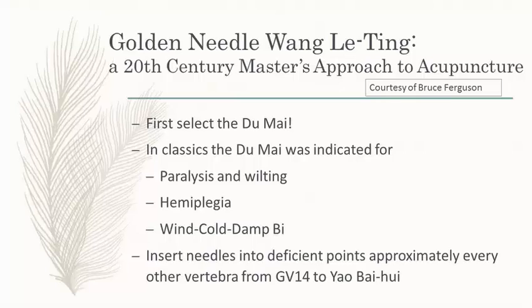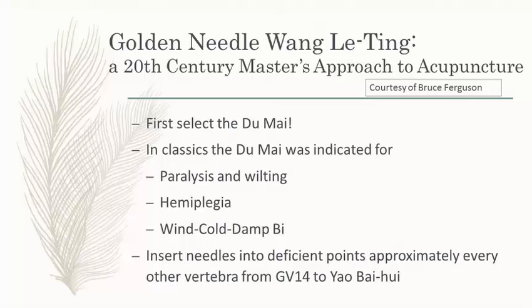In the classics, the Dumai was indicated for paralysis and wilting, it was indicated for hemiplegia, and it was indicated for wind, cold, damp Bi. In fact, the Dumai was the example given for wind's invasion, and actually wind creating paralysis and wilting, wind creating the hemiplegia, the wind stroke patterns that we see, and wind, of course, invading and causing wind, cold, damp Bi.